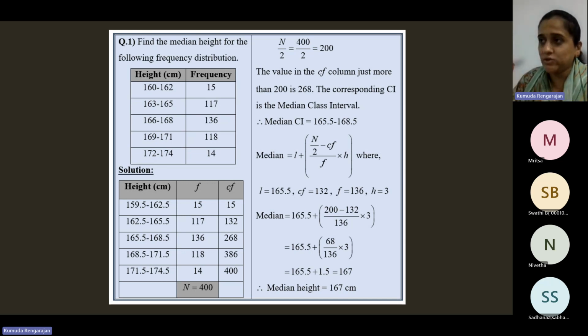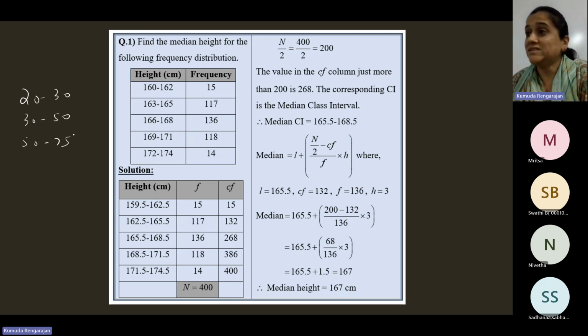Actually, you can find the width anywhere, but sometimes the class intervals will not have the same width. You may have 20 to 30, 30 to 50, 50 to 75, with no uniform size. So H is the width of the median class interval.